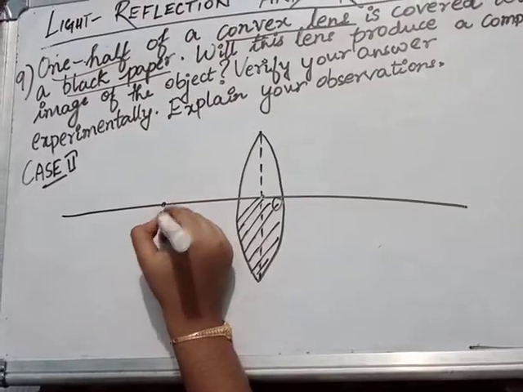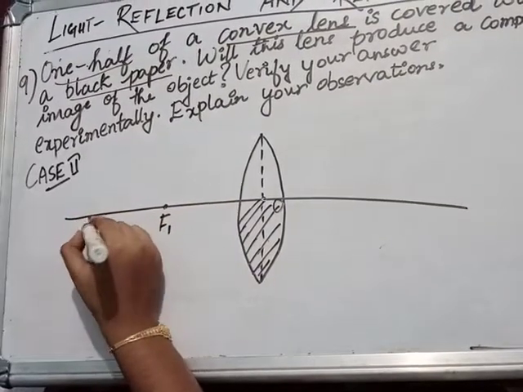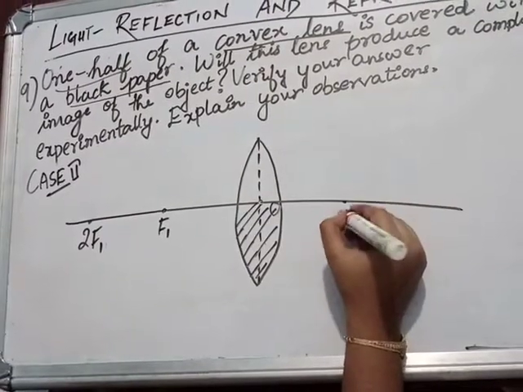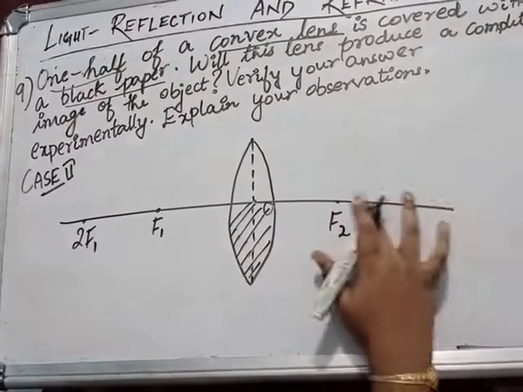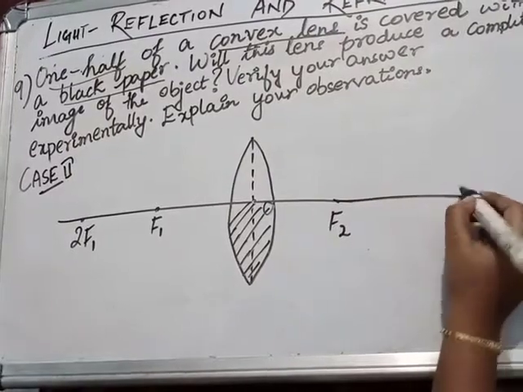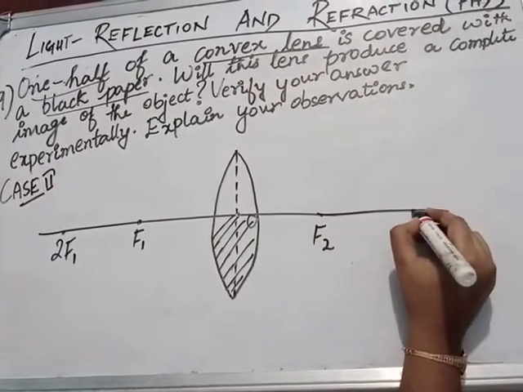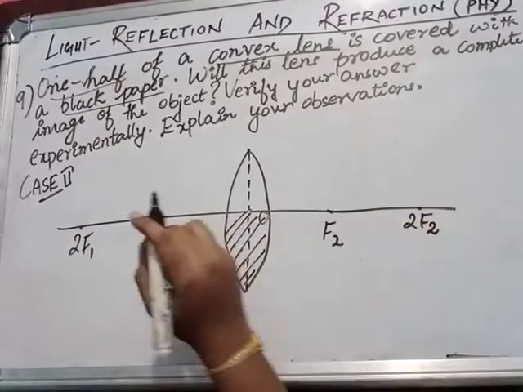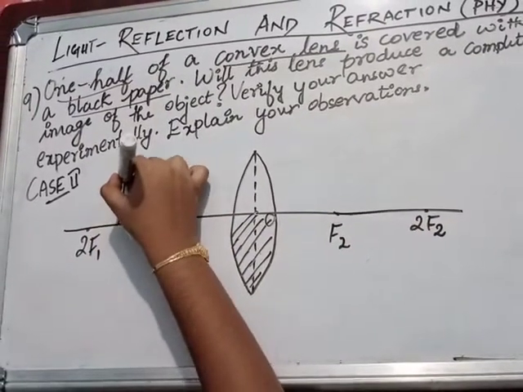This is my F1 to F1. Then this is F2. Let it be straight. This is 2F2. I'm taking my object again over here.